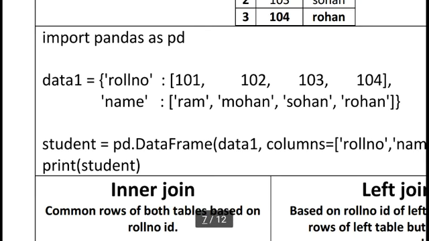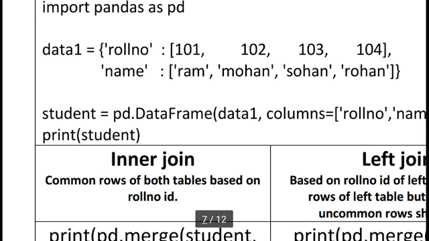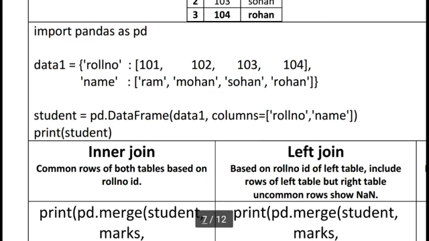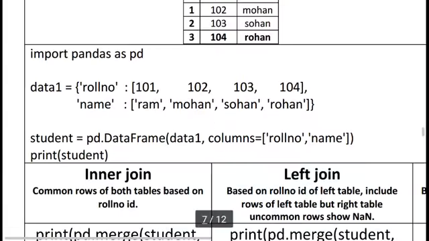And this data1 dictionary is converted into a data frame. So student is equal to pd.DataFrame(data1). Data1 is our dictionary variable. It holds our complete table with two columns, roll number and name, and print student. So this table is stored in our student data frame.